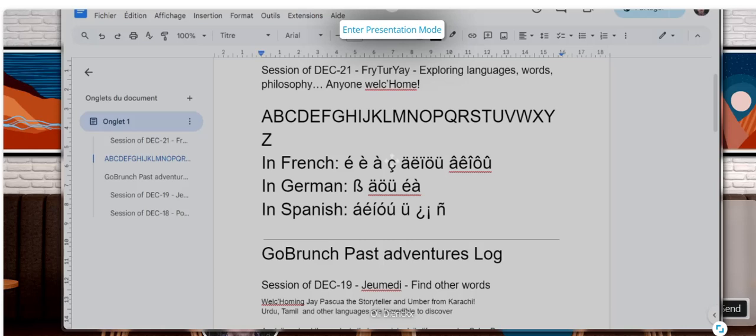So the letter A without accent is used for the conjugation of the verb avoir in the third person. Il a, he has. It's the conjugation of the verb avoir, to have.